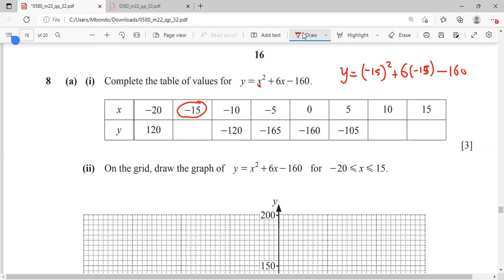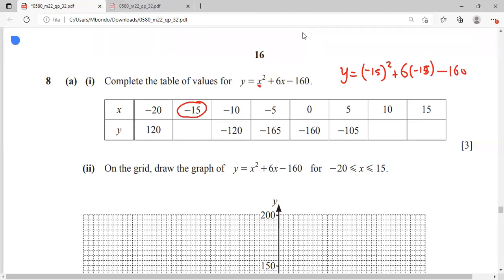What do we get? Let's work this one out and see what we are going to get.